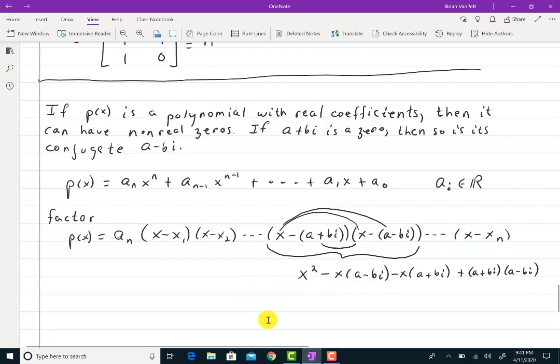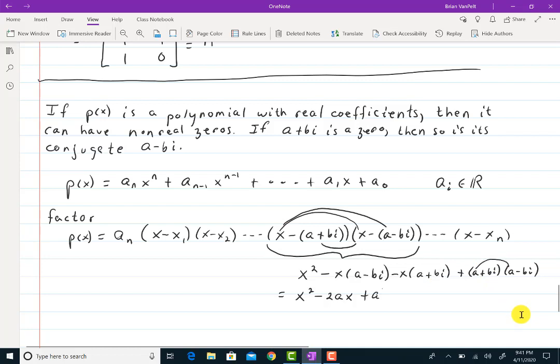Let me keep my x squared. Now when I do this part here, I'm going to get negative xa, and then I'll get negative xa again. So I get negative 2ax there. But then I get a positive xbi and a negative xbi, so they cancel out. Let me FOIL this piece out here.